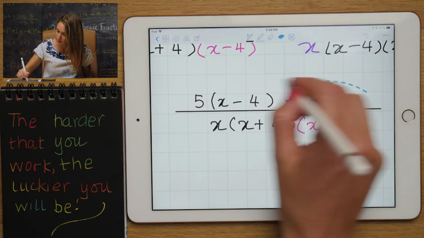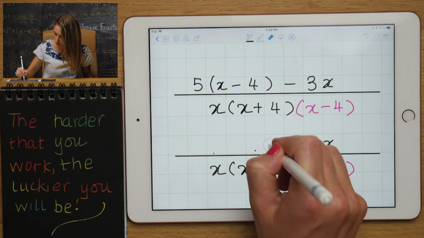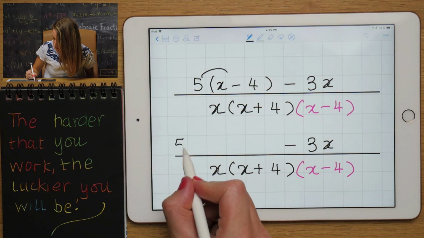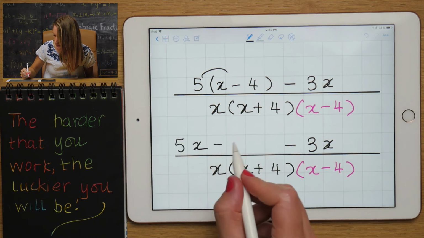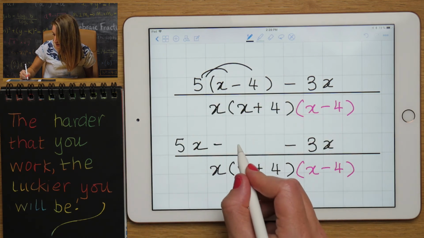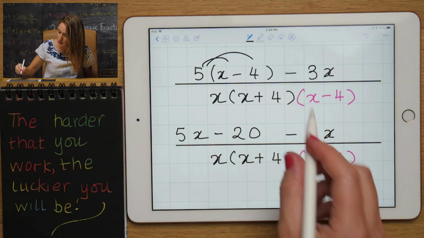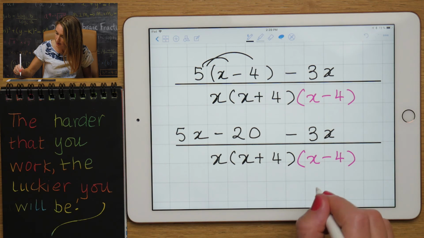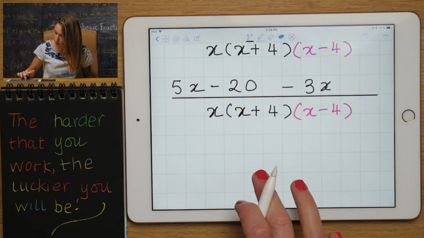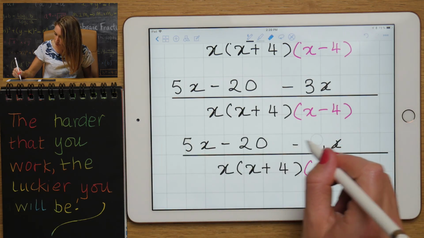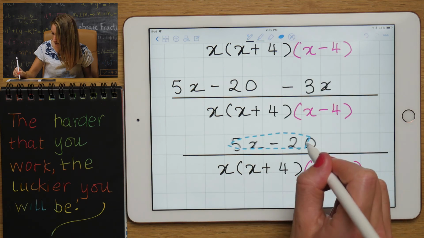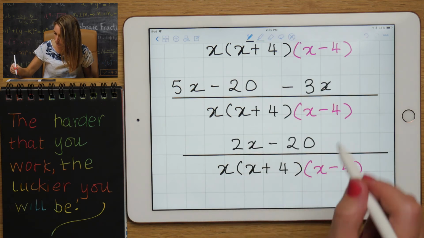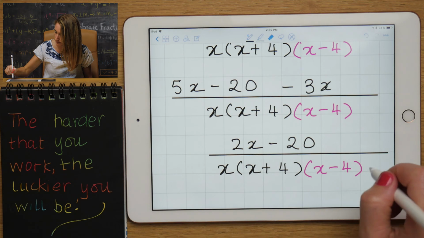So, final step to tidy this up. 5 times x is 5x, minus 5 times 4 is 20. And the like terms that can go together are the 5x minus 3x, which will be 2x. So it'll be 2x minus 20. Well, let's take off the sides.